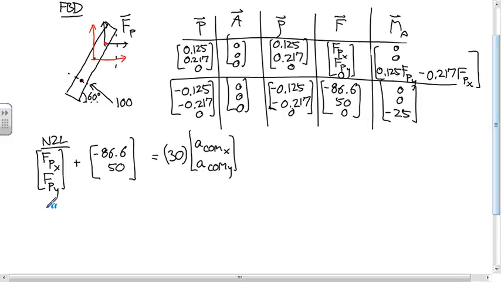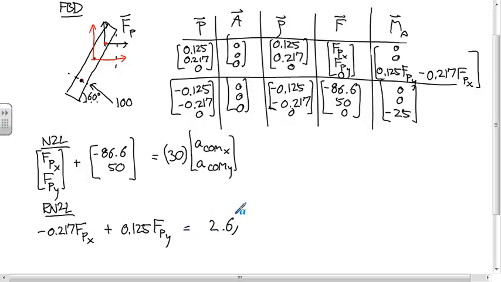And the rotational equation says negative 0.217 Fpx. Like the only non-zero component for this equation is the z component, so I'm leaving off the other two. But negative 0.217 Fpx plus 0.125 Fpy is equal to the moment of inertia, 2.6, times alpha.